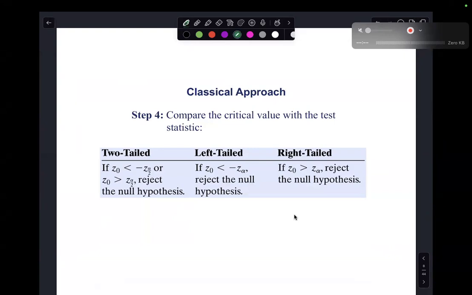And drawing the picture can help sometimes. Sometimes it's hard to visualize, especially when you're dealing with negative z-scores. So if my critical value is right here, and this is negative 1.96, and then my test statistic puts me at negative 2.08, it kind of shows, hey, that is beyond, that is not in my safe space. It's not within my confidence interval. It is out there hanging out by itself, if that helps at all. Drawing pictures sometimes is kind of the way to go.